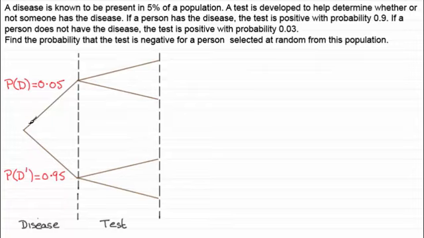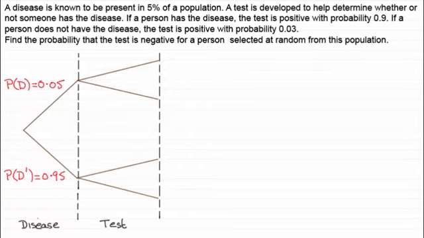That probability is dependent on whether a person has the disease or doesn't. So if we take this branch as being the probability that someone tests positive given that they have the disease, then we can see that that's 0.9 here.